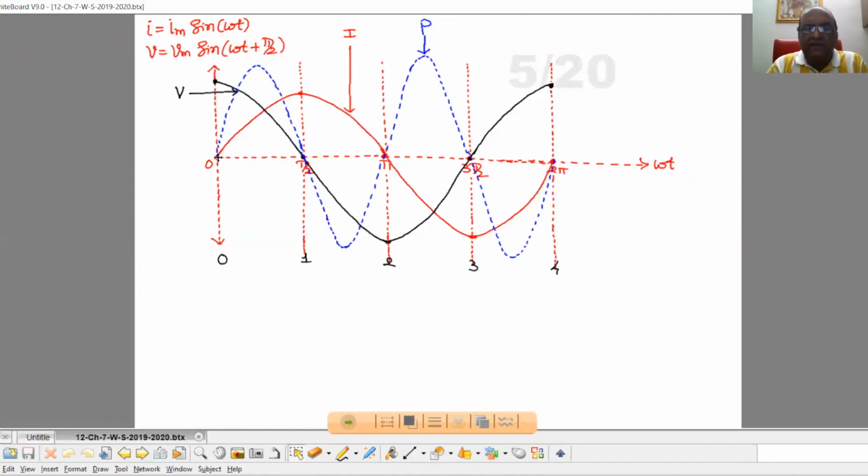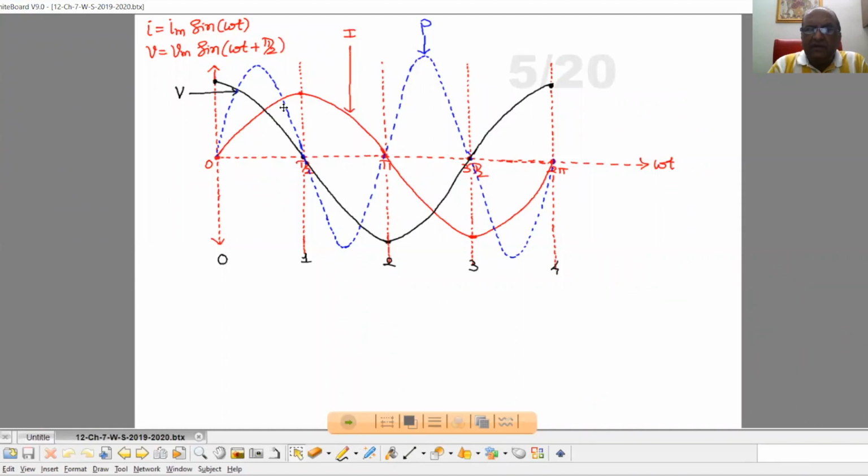So now see this red curve, that is the curve of current I versus omega t. This black one, that is of voltage versus omega t. Now see here, 0 to pi by 2, during this one, voltage and current both are positive, so power P, that is V into I, positive, right?